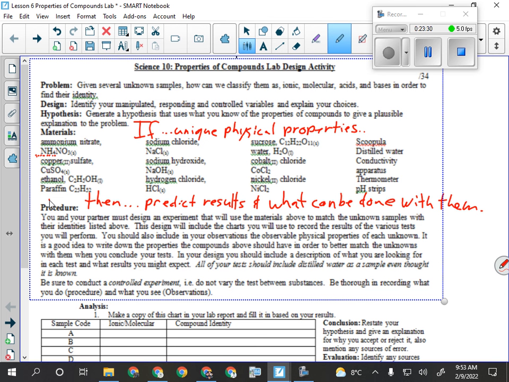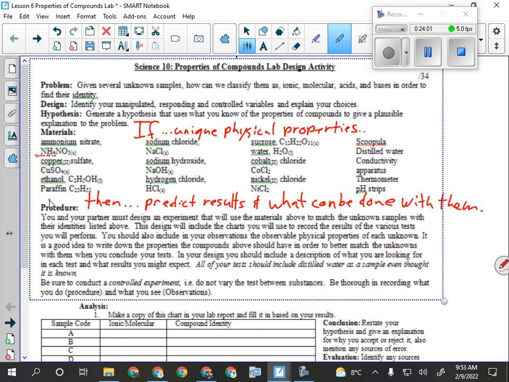So this is an ionic compound. If you recall, we said ionic compounds are typically highly soluble in water. Their solutions will conduct electricity. They're all going to be crystalline solids at room temperature. So that's the kind of brainstorming that I want you to go through.